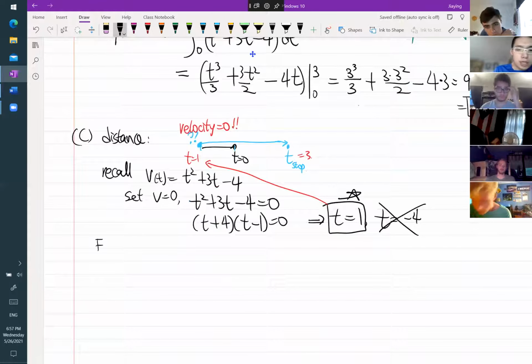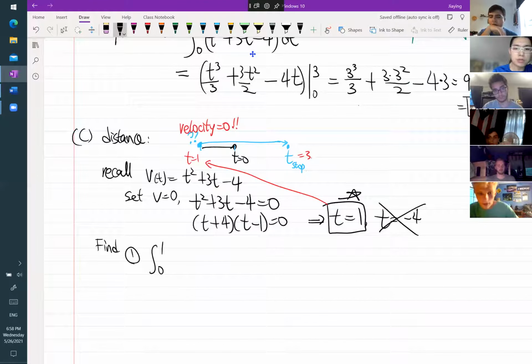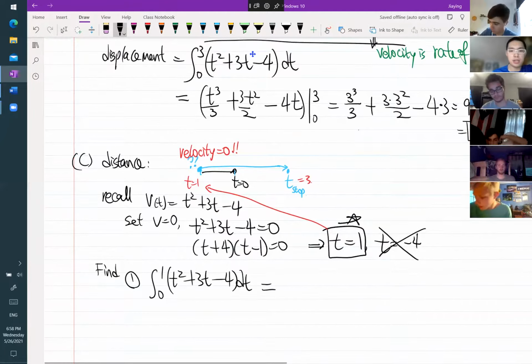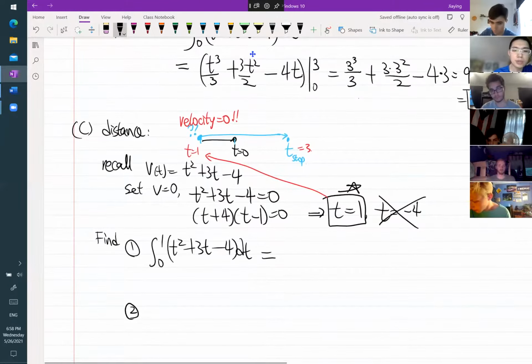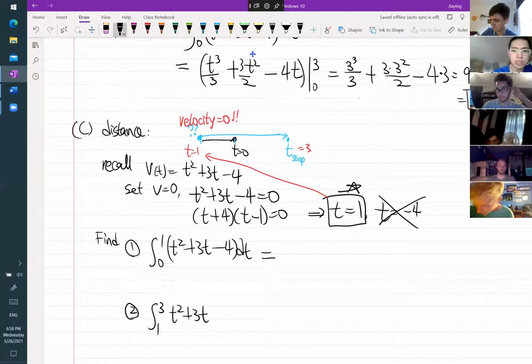So for the first part, the distance from 0 to 1, we're integrating from 0 to 1 the velocity function, t squared plus 3t minus 4 dt. And the second part, we're going to integrate from 1 to 3 the same function, t squared plus 3t minus 4 dt. That will give us the two distances separately.